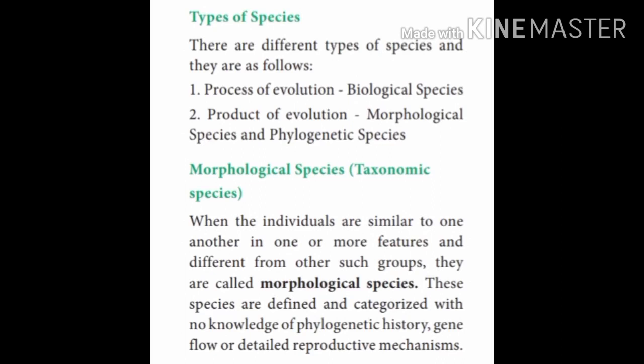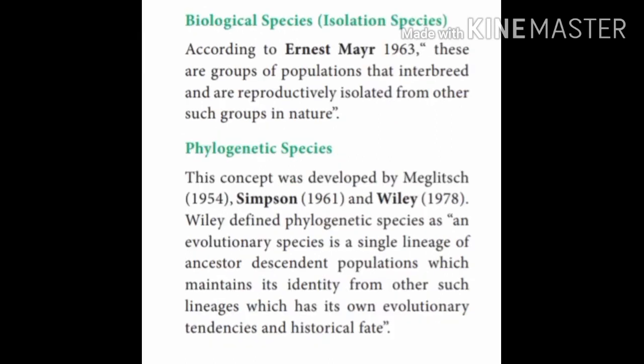Let's start with the morphological. When the individuals are similar to one another in one or more features and differ from other groups, they are called morphological species. So they are similar in one or two features and differ in only a few, then it would be morphological. The second variety would be biological species.